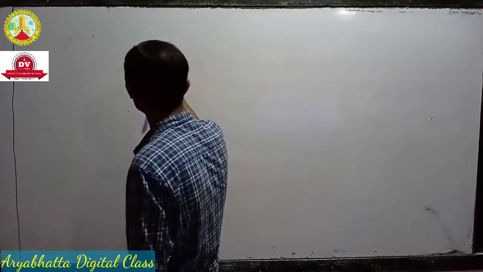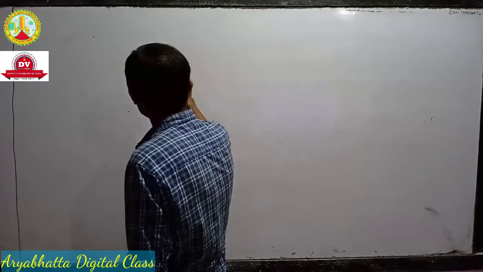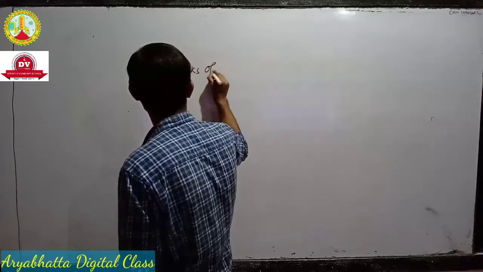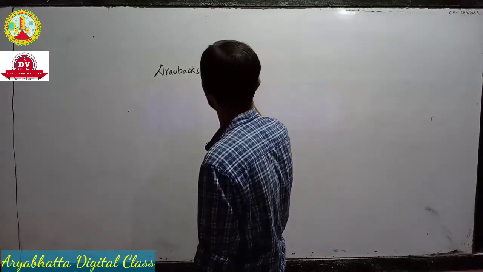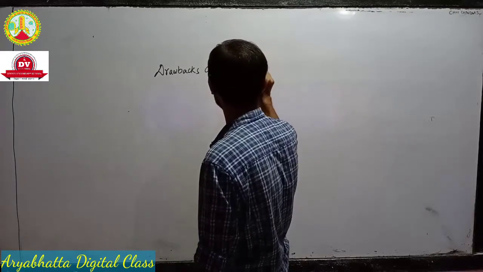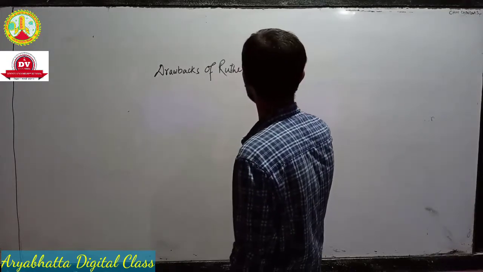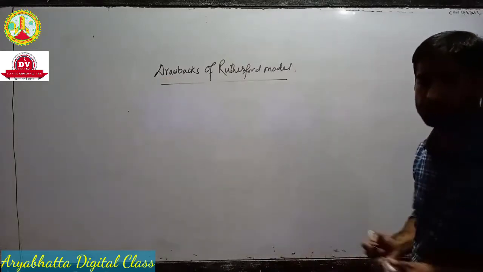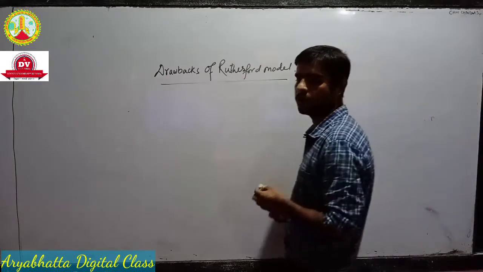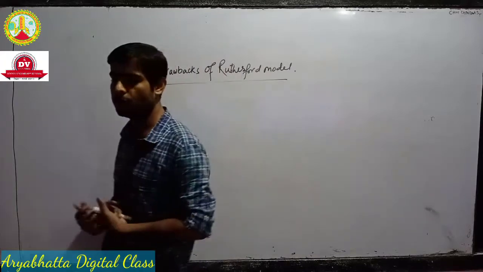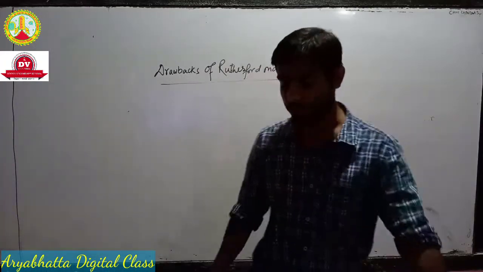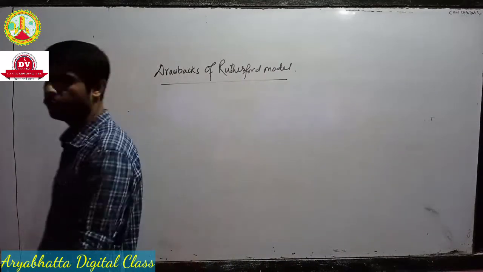Drawbacks or limitations means what Rutherford model cannot explain, why Rutherford model failed to explain atom completely.